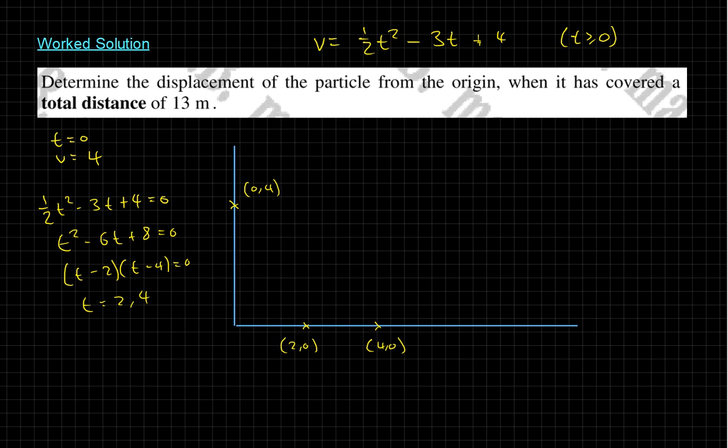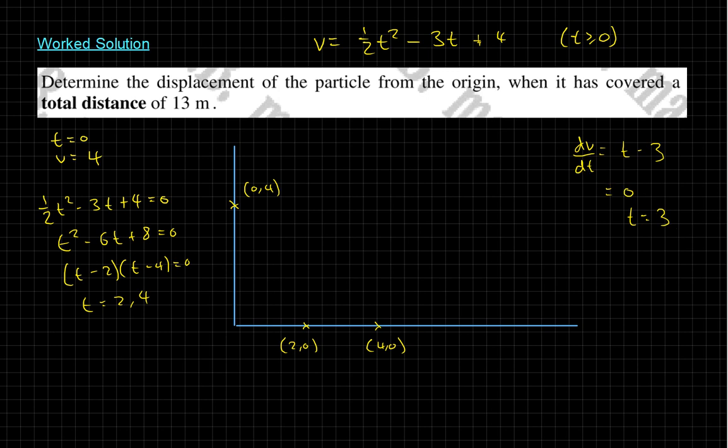And just very quickly, let's do a quick derivative, dv over dt. That's going to be equal to t minus 3. And when that's equal to 0, t equals 3. So that was me just finding a stationary point very quickly. Therefore when t equals 3, it's going to have a stationary point.